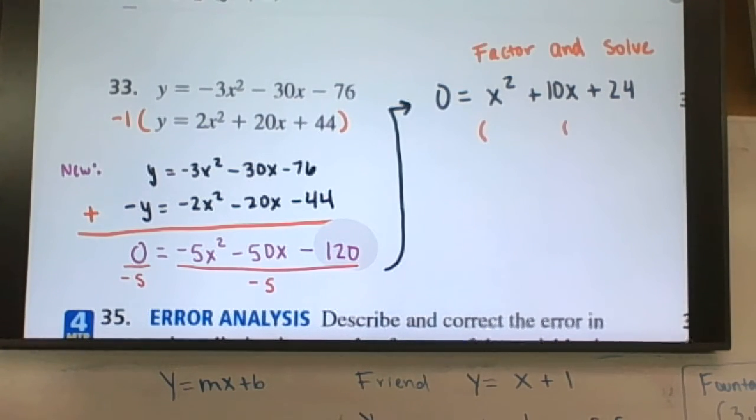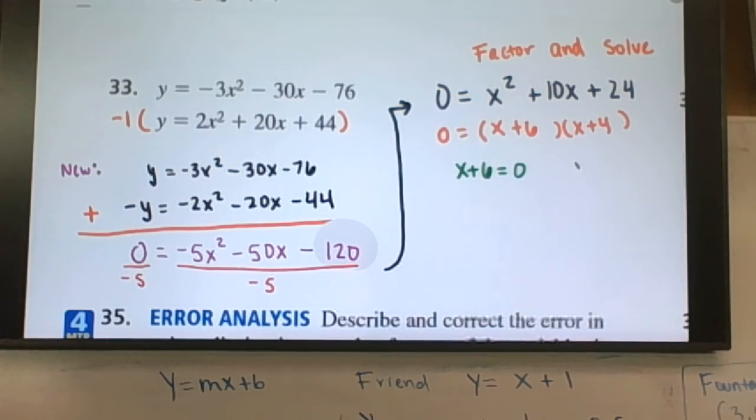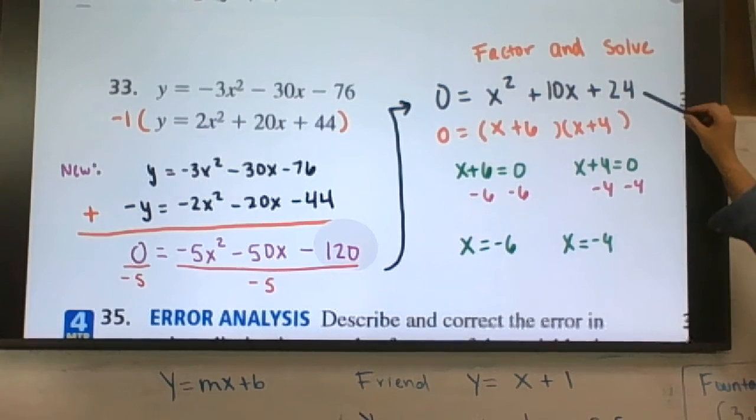I did 6 times 4. 6 and 4. So I moved you guys very quickly into this section, but I knew you would still be practicing factoring and still be practicing the quadratic formula, so I moved along. I totally acknowledge that you're still mastering factoring. That's still a part of practicing this problem.